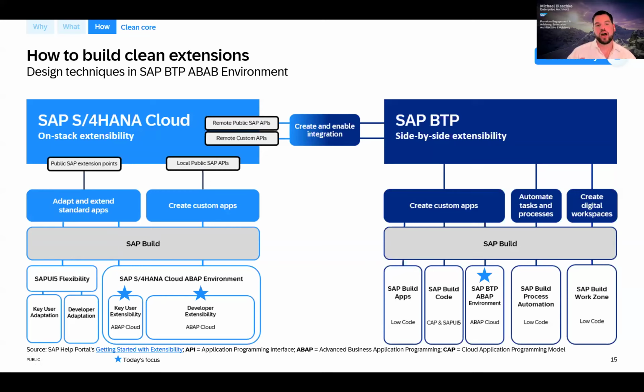Let me come back through our vantage point of today, the enterprise architecture perspective. From this perspective, this comprehensive tool set enables you to make technology choices based on business requirements rather than technical limitations. You can optimize for developer productivity while maintaining clean core principles throughout your extension landscape.